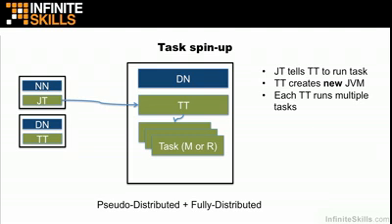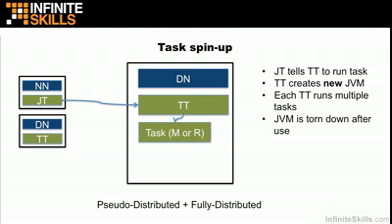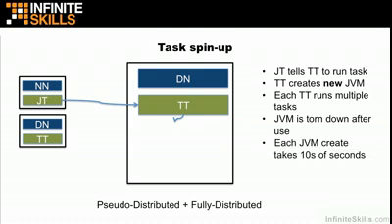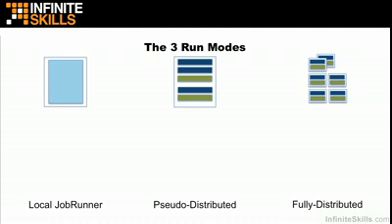After each map or reduce task is finished, each JVM that was running that task is shut down. Again, this applies only to the pseudo-distributed and fully distributed, but it basically means that each JVM create and teardown is going to require a few dozen seconds. This task spin-up and teardown is an important part of why there are 3 run modes in Hadoop. Let's talk about the advantages of each.